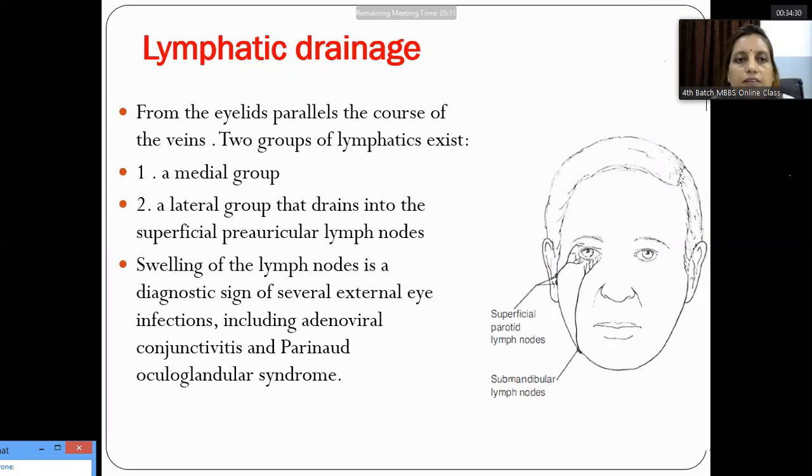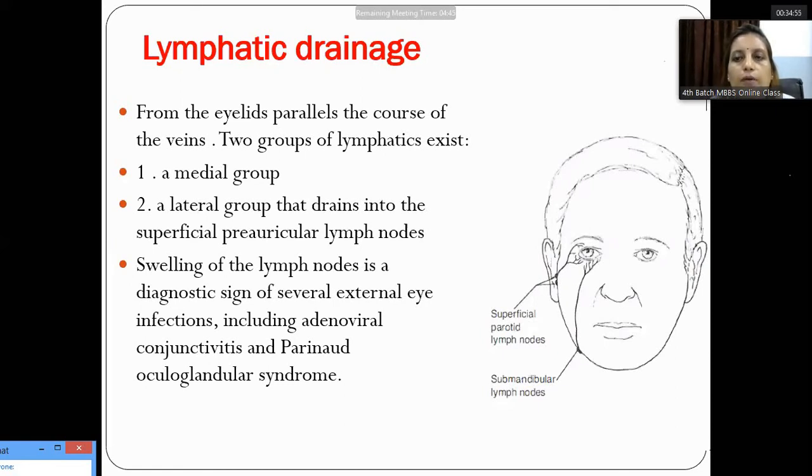Lymphatic drainage from the eyelid parallels the course of the veins. Two groups of lymphatics exist, the medial group and the lateral group, which drain into the superficial preauricular lymph node. Swelling of the lymph node is a diagnostic sign of several external eye infections, including adenoviral conjunctivitis and Parinaud's oculoglandular syndrome.